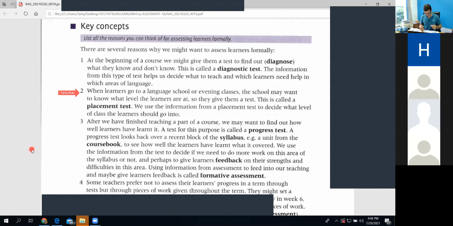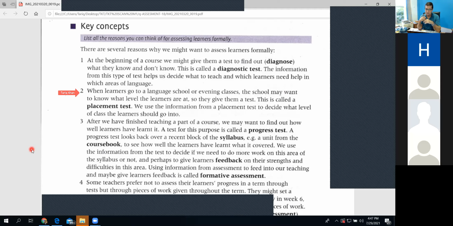When a new student is coming to a class, then we are taking the placement test. With the diagnostic test, we know what students know and what they don't know.